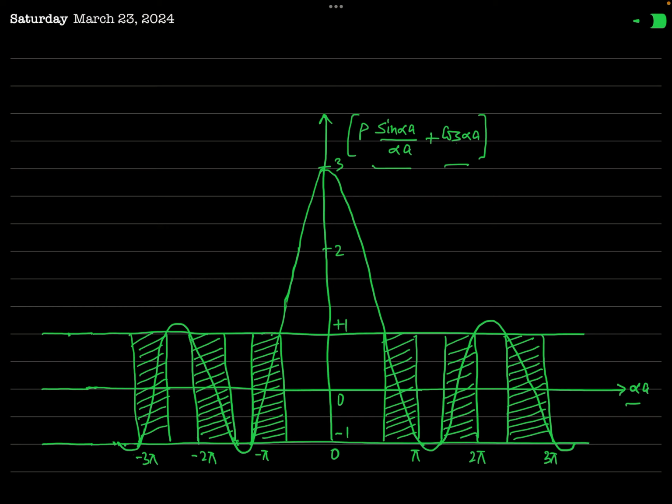And what information we get from this figure, you can easily see.